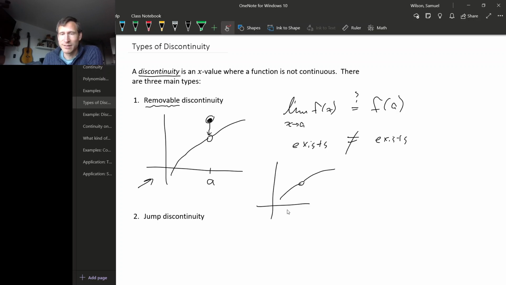Right? There's another way for a discontinuity to be removable, and that's if we had a graph like this. And here's a. So in this situation, remember we're comparing the limit at a to the value of the function at a. So in this situation, the limit exists, but the function itself is not defined at a.